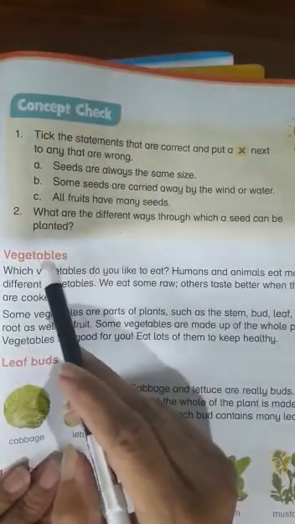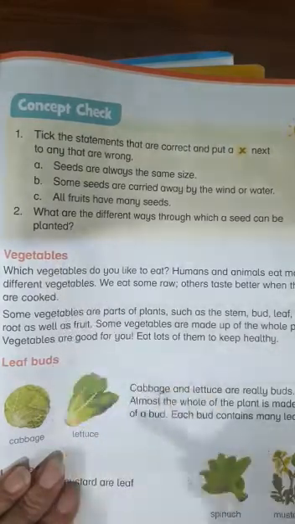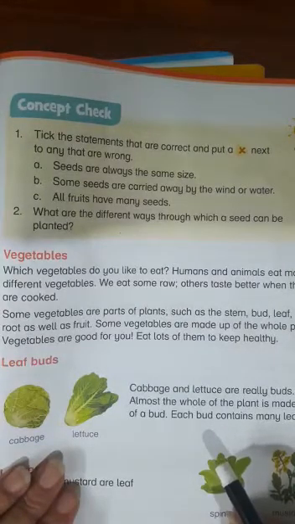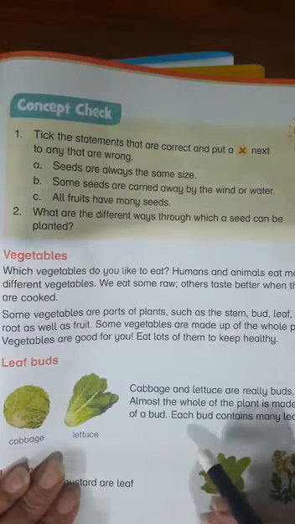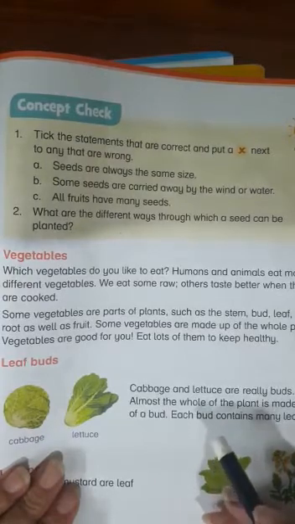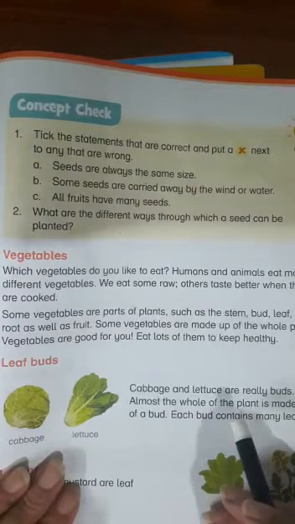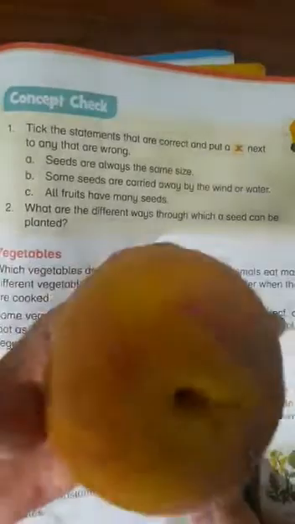Vegetables are all the parts of the plant that are eaten as food. Whenever you are asked the question what is a fruit, you say phal, and when you are asked about the vegetable, you say sabzi. But in science, fruit is not only this one that you eat.